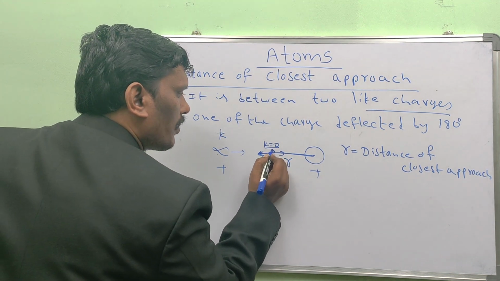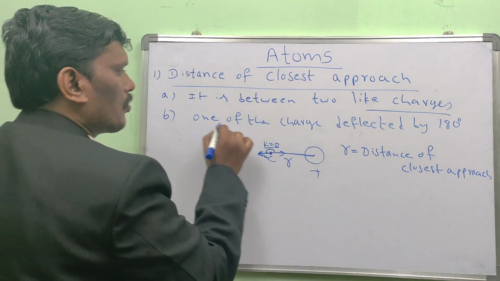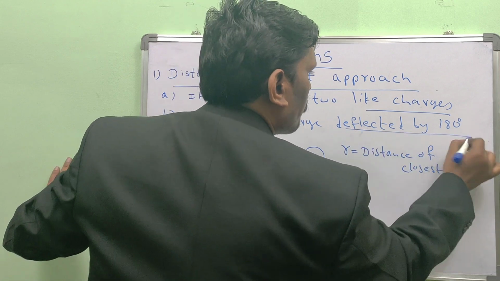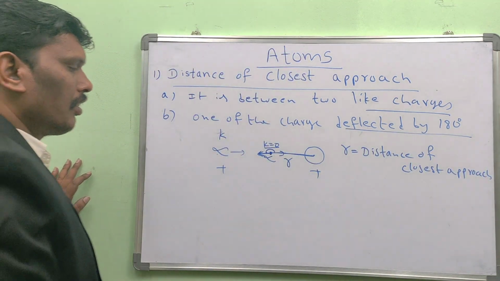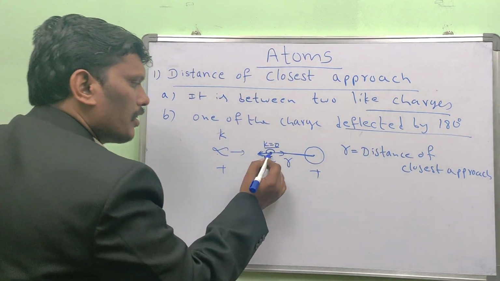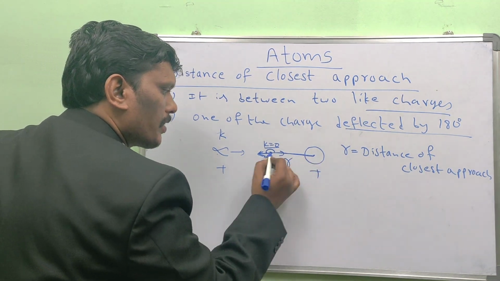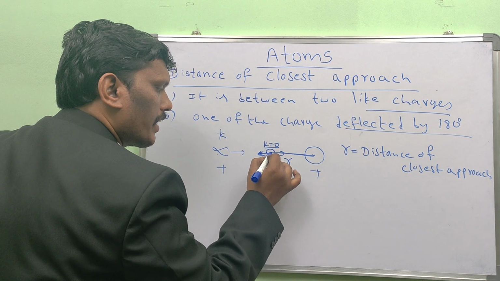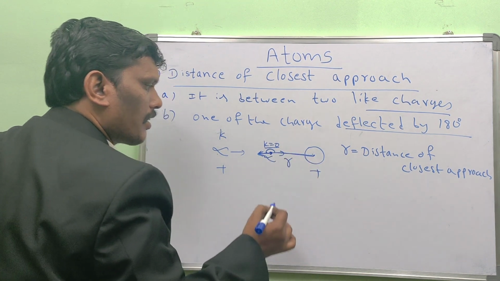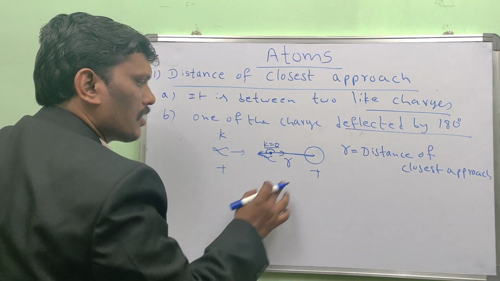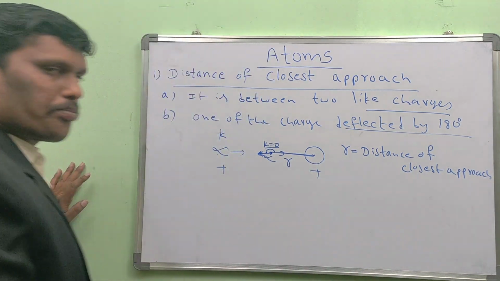Then what is the deflection angle? 180 degrees. That's why I said one of the charges is deflected by 180 degrees. So the distance from this point, where the kinetic energy is zero, to the center of the nucleus we call the distance of closest approach.